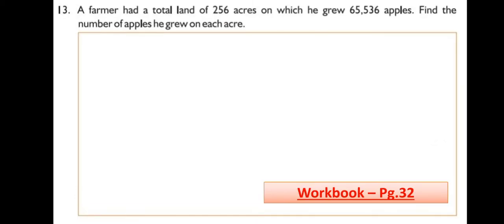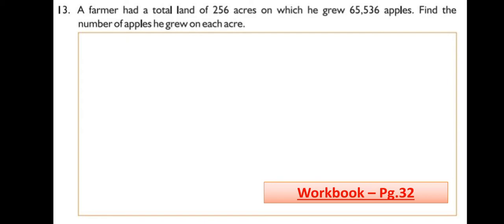And next question, page number 32 in your workbook, question number 13. A farmer had a total land of 256 acres on which he grew 65,536 apples. Find the number of apples he grew on each acre.